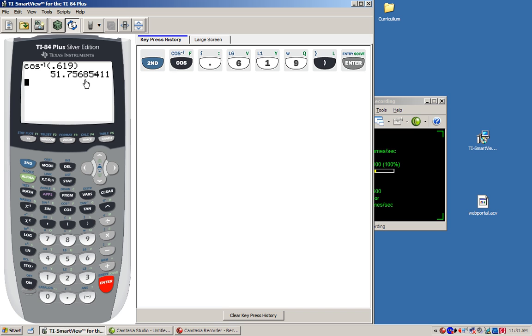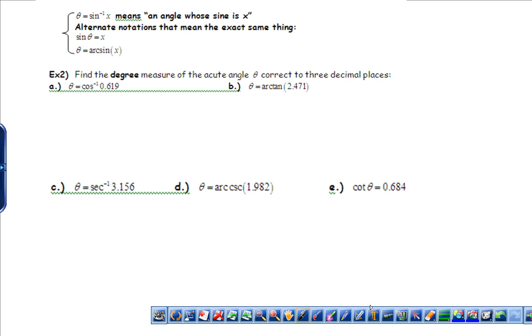And it said round to 3 decimal places again. So 51.757. So my theta, or my angle, is 51.757 degrees. About 52 degrees gave me this decimal.